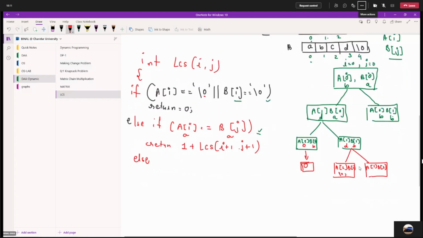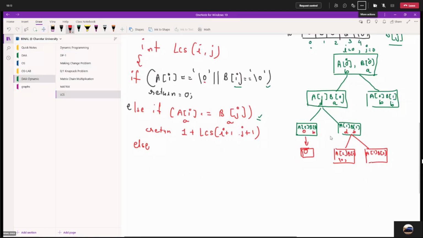Okay. Then A of 2, B of 1. Correct. And this is A of 1, B of 2. B of 2 होगा यहाँ पे. B of 1 ही आएगा. Wait, कुछ मिस्टेक की है मैंने. B of 1 है, right? ये 0 आ गया. Okay.